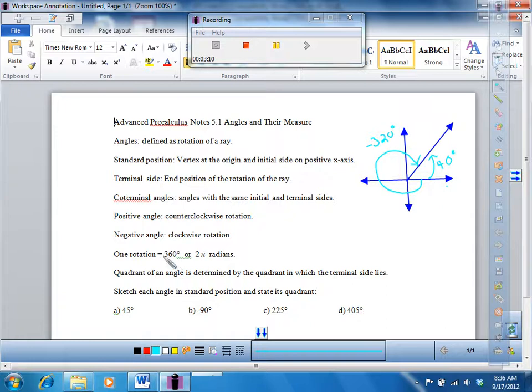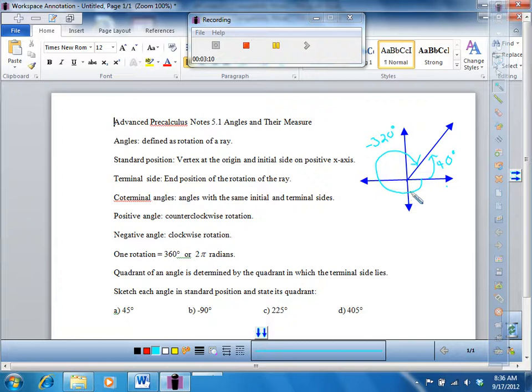Like it says here, and you could have another coterminal angle if I went around this circle twice. So with trigonometry and the unit circle, you could go around the circle more than once, whereas in geometry, we only defined an angle as something between 0 and 180 degrees. But now we have angles that are bigger than 180 degrees, more than 360 degrees, and stuff like that. Okay? Positive angle, like I said, is counterclockwise. Negative angle is clockwise.